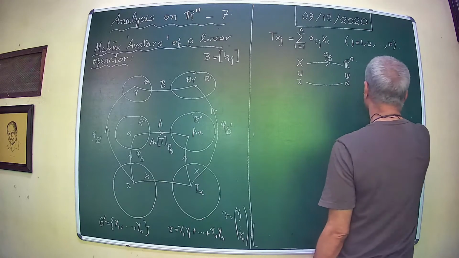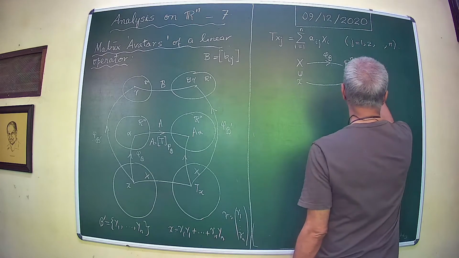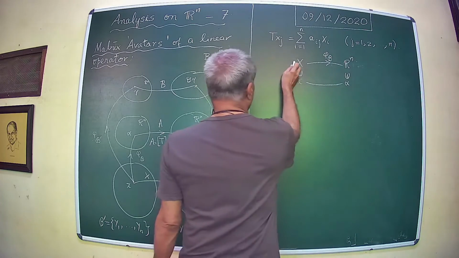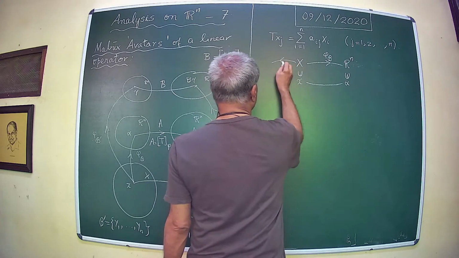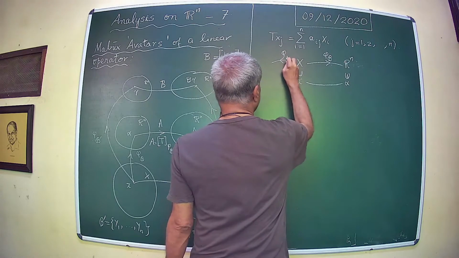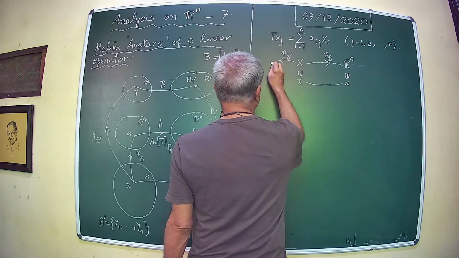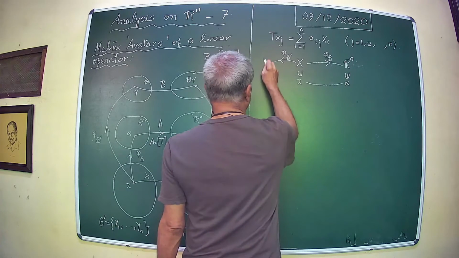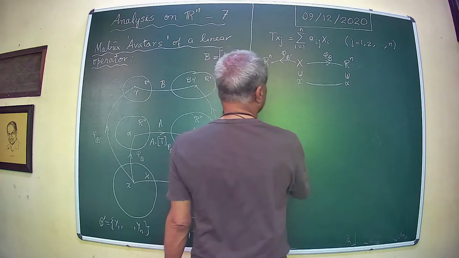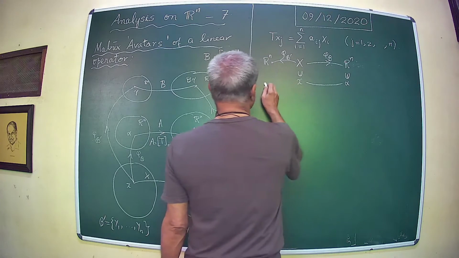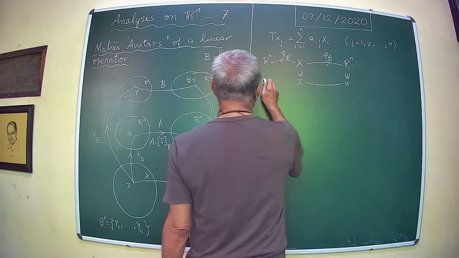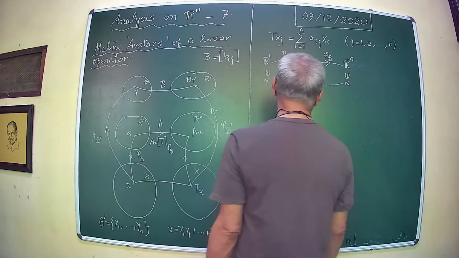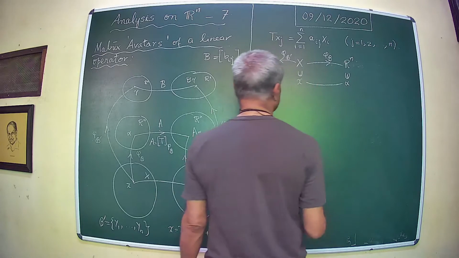And then I also have what is called phi b prime mapping Rn, and what I have is the corresponding gamma belonging to Rn.